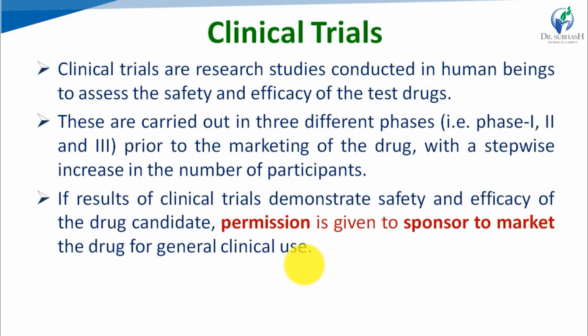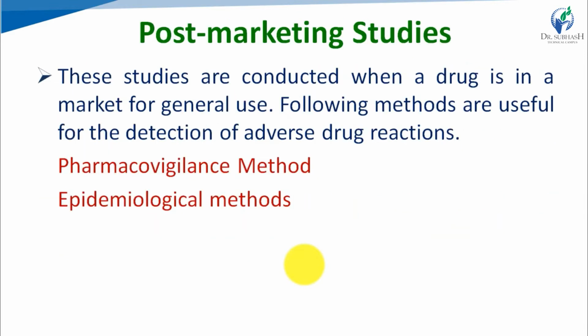Then afterwards, once the pre-marketing studies are finished, or we can say pre-marketing surveillance is finished, then afterwards the product has now been launched in a market, that means now the post-marketing studies will be started. Here in case of post-marketing studies, the studies are conducted when a drug is in a market for general use.